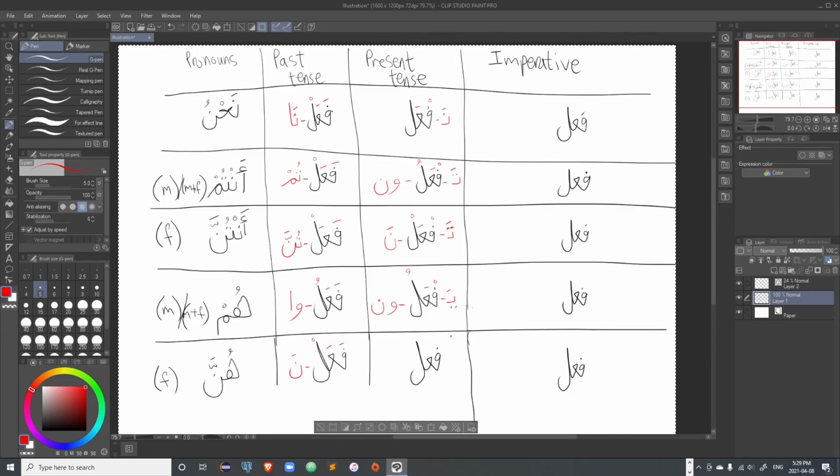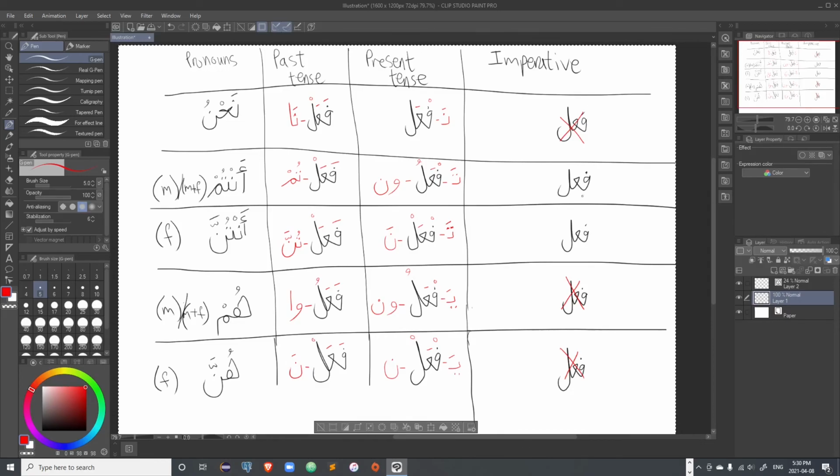Lastly, هن يفعلن. هن يفعلن, they do, if I am speaking about a group of women. This for the imperative does not exist, and for the last two forms, they do not exist either.